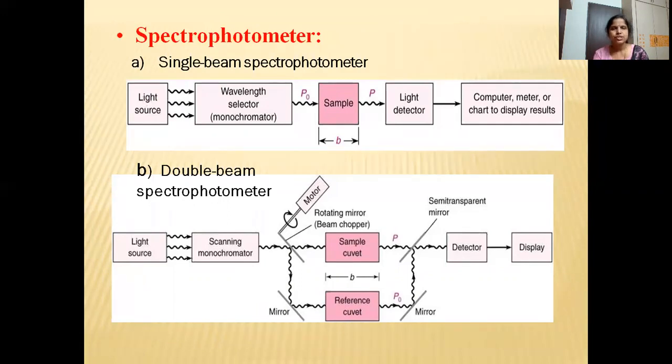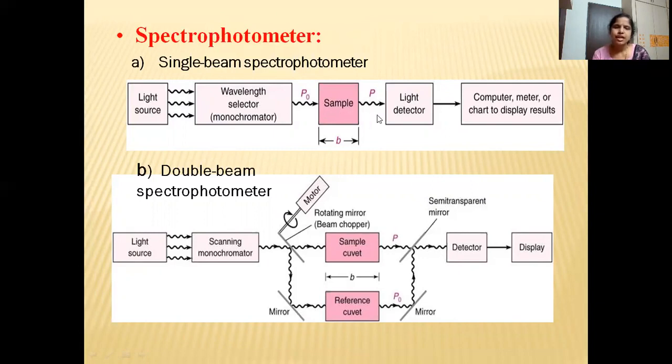A hydrogen or deuterium lamp can be used as a light source for UV, whereas a tungsten filament is used for the visible light source. The light is passed through the monochromator, where the wavelength is selected.